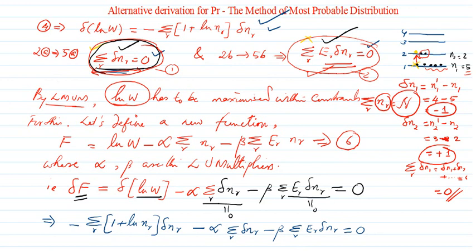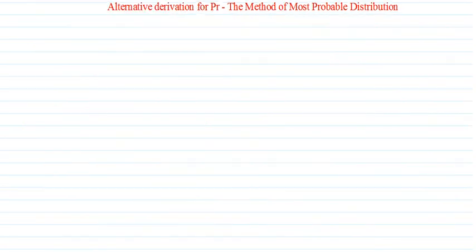That is by substituting equation number 4 in the present equation. Now you can see that sum over r, or minus sum over r delta nr, is common for each of the 3 terms. So I can take the common things out and rewrite this. Sum over r means sum over all states. Remember, it is not sum over all levels. To be very precise, it is sum over all states. Be very careful about that.